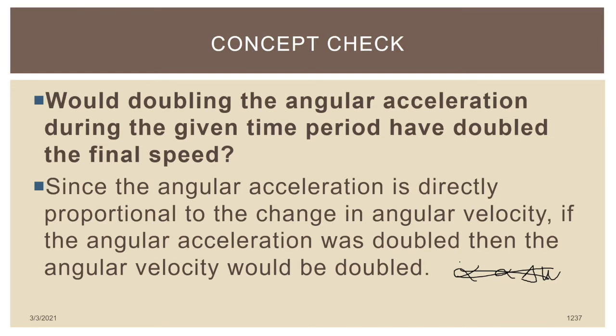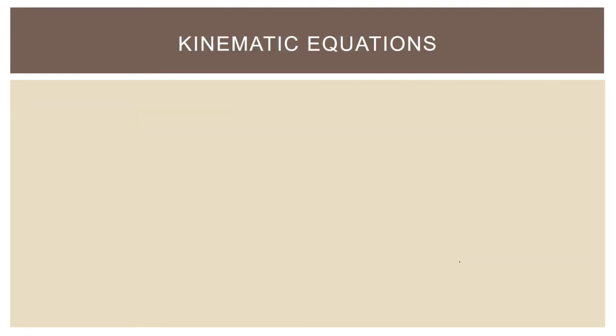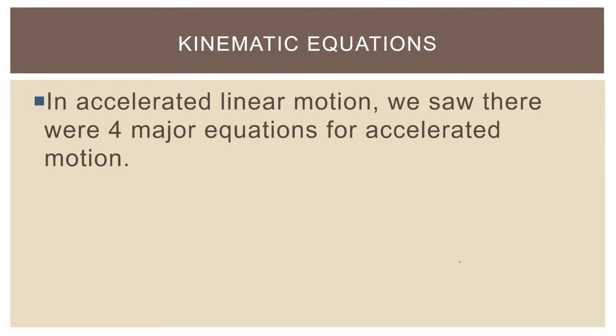Okay, so that brings us to what we are going to discuss for the rest of this video here, which are the kinematic equations. When we were discussing linear acceleration, after we finished talking about the actual acceleration equation, we got into kinematic equations. We are going to do the same thing here. In accelerated linear motion, we saw there were 4 major equations for accelerated motion.